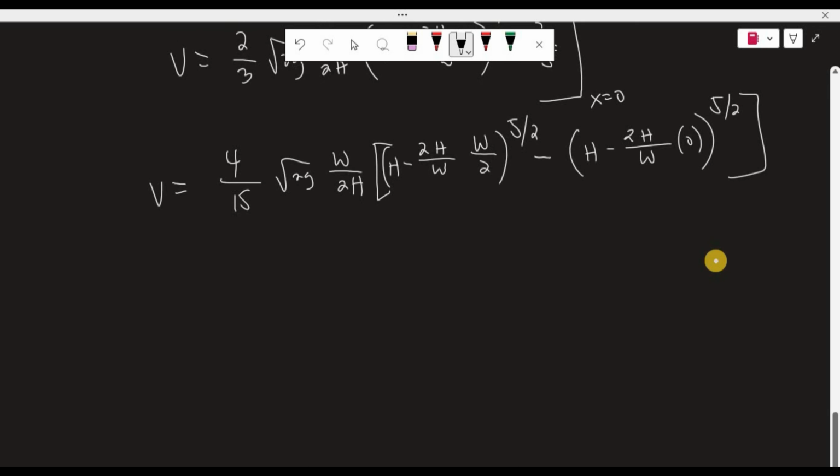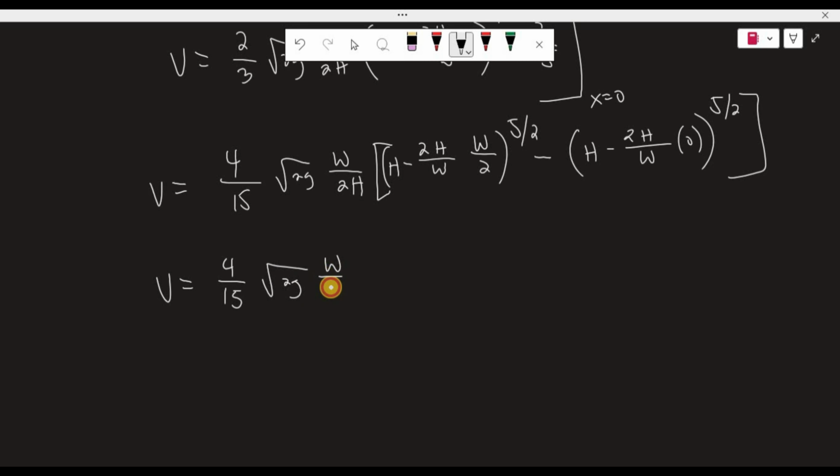Okay, so V equals 4 over 15 square root of 2g w over 2h, and then let's simplify this expression. W cancel, 2 and 2 cancel, h minus h is 0, so this is essentially 0, and we are left with this expression. 2h over w times 0 is 0, so we are left with negative h to the power 5/2.